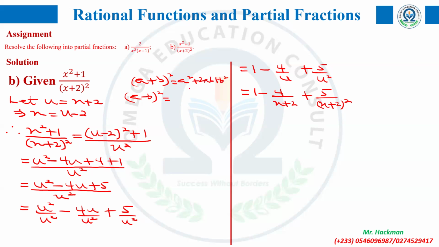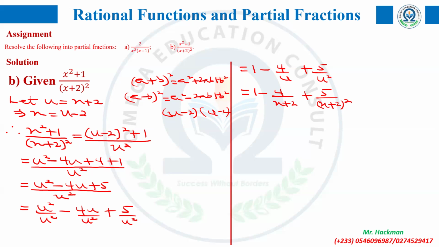You should know this identity, just as you should also know this one: a squared minus 2ab plus b squared. Otherwise, you take u minus 2 and multiply it by itself, expand, and combine like terms, which will waste your time.